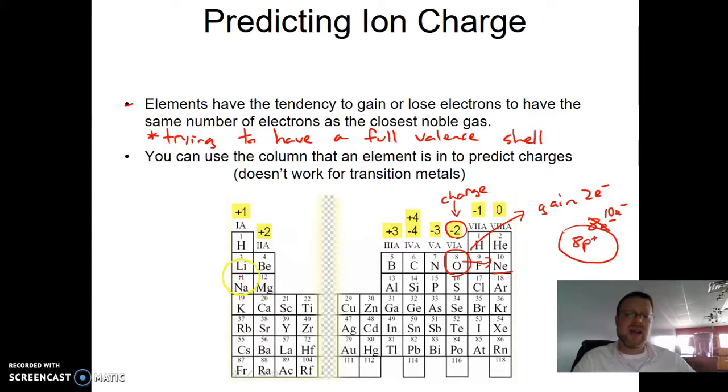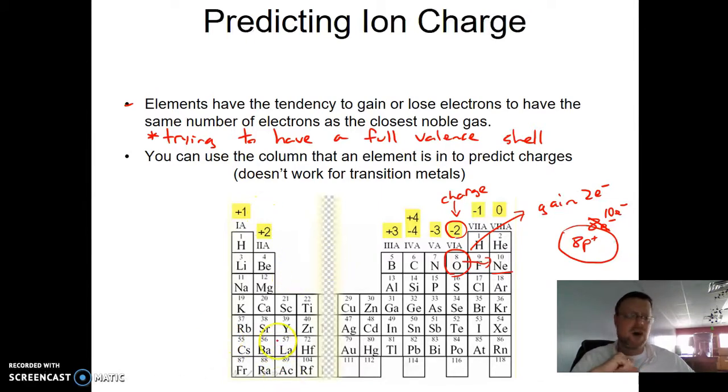Sodium is element number 11. It's going to also have to lose 1 electron to go down to the closest noble gas, which is 10. And so both of those have +1. In fact, all of these elements in the first group in the periodic table have 1 more electron than the noble gas that's closest to them in atomic numbers. So they all are going to form that +1 charge.